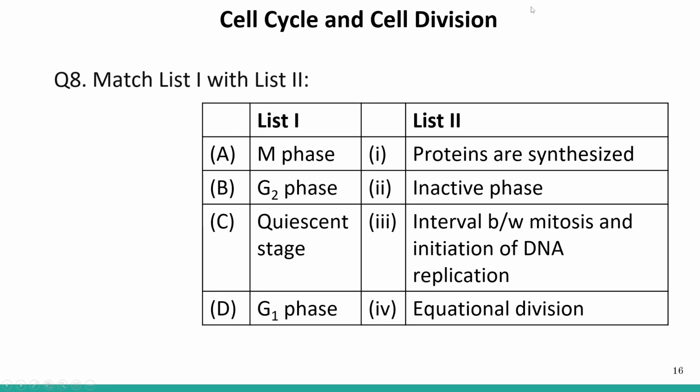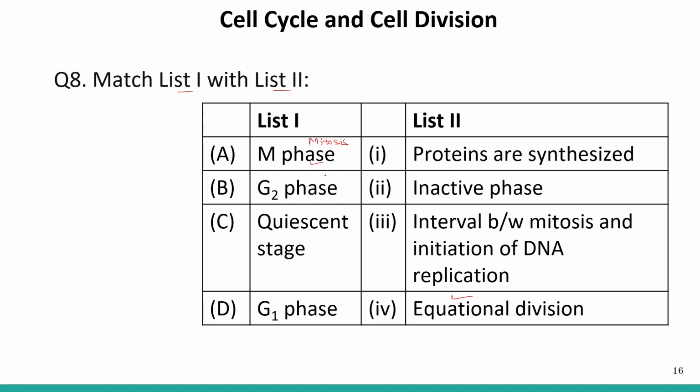So let's start with the next question, which is, here we have to match list 1 with list 2. Now M phase. Here they're talking about the mitotic phase or the mitosis. Now it is related to equational division.